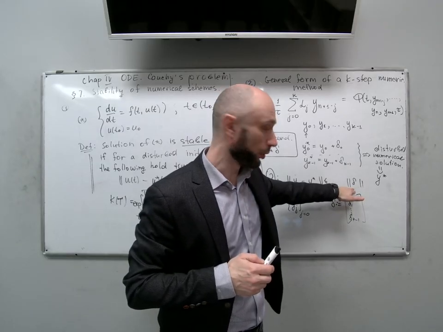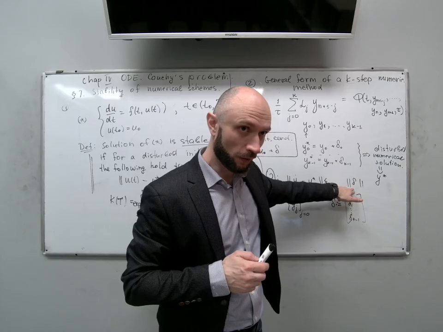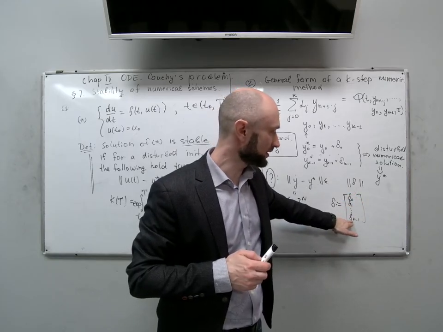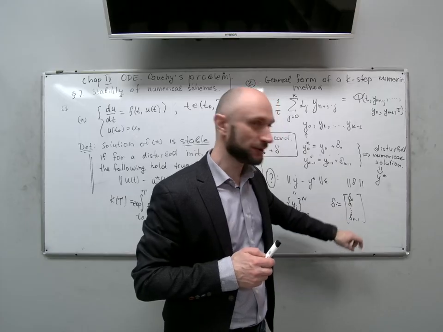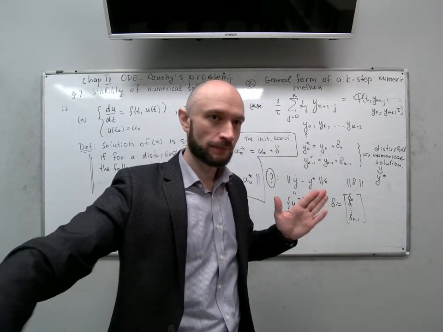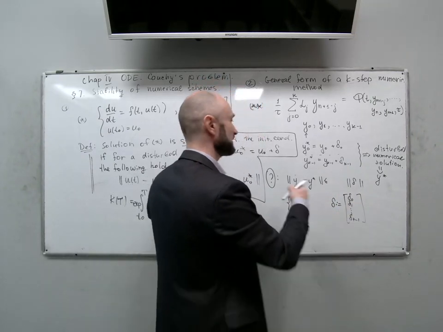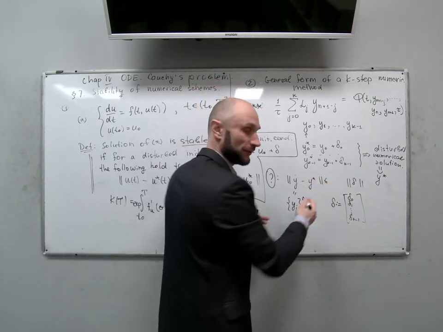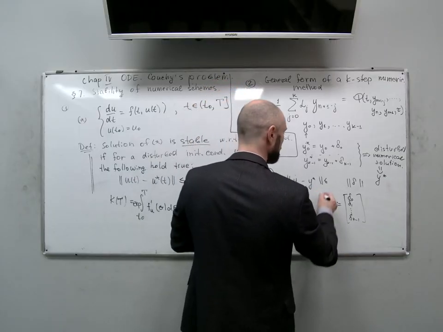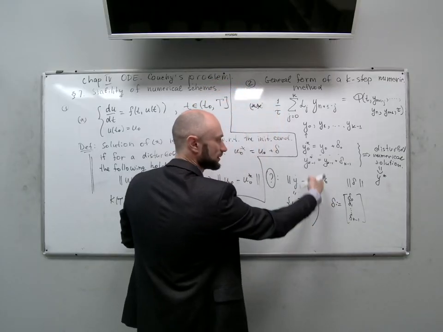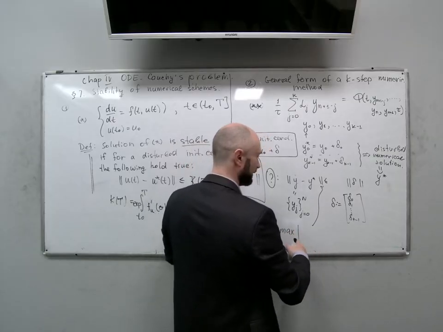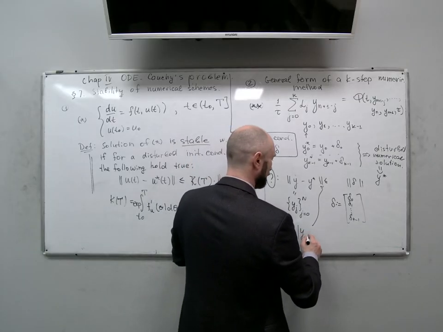Delta is a norm of a vector composed of all disturbances that were introduced in all initial conditions. We can discuss a particular form for this norm, how this norm can be calculated, but you can think of this norm operator as a maximum of the absolute value.